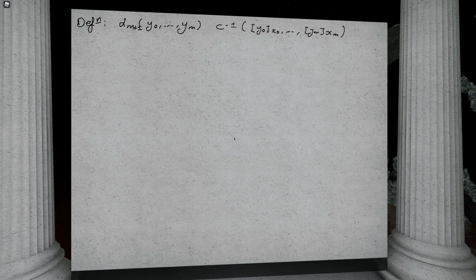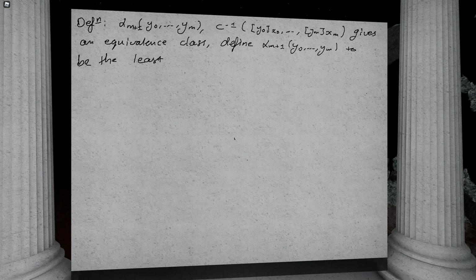So let me get rid of this equality. So that gives an equivalence class. Okay, and then let alpha m plus 1 of y naught up to ym be the least representative of this equivalence class.